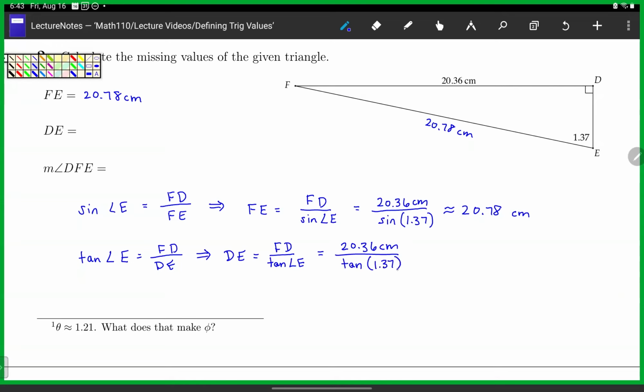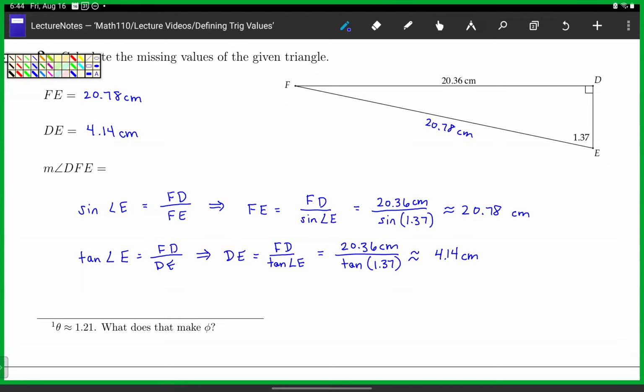And I'm going to again use my calculator to see this is approximately 4.14 centimeters.